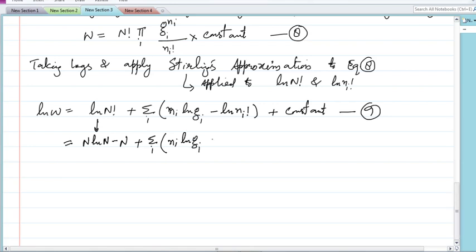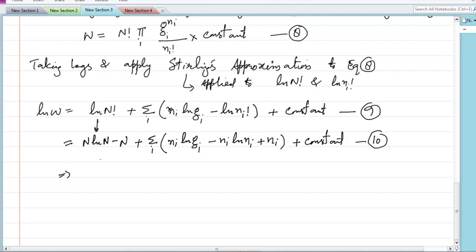Now it is minus outside, so it will be minus ni ln of ni minus minus ni, but minus was outside, so it will be plus ni plus constant. So this is equation number 10.